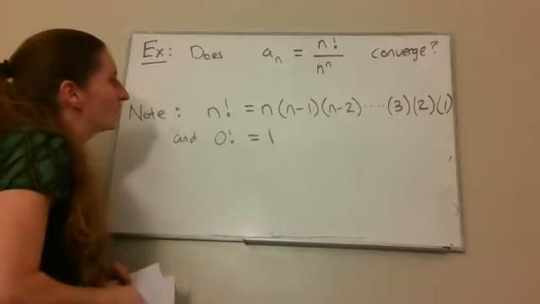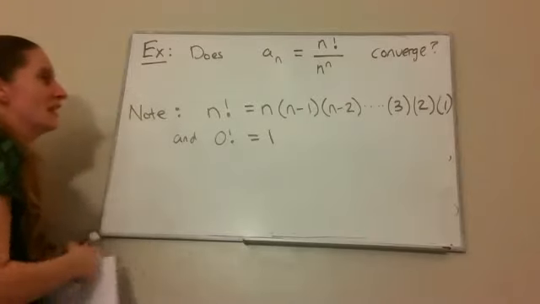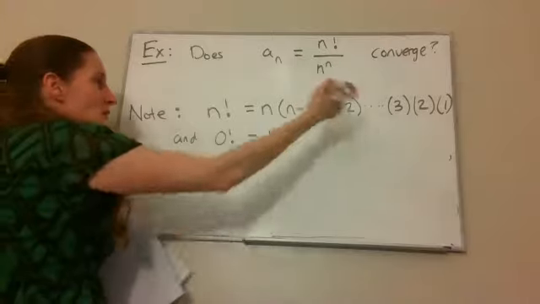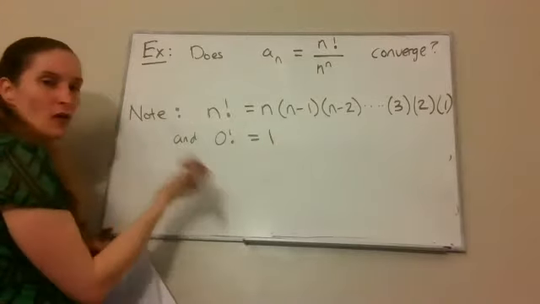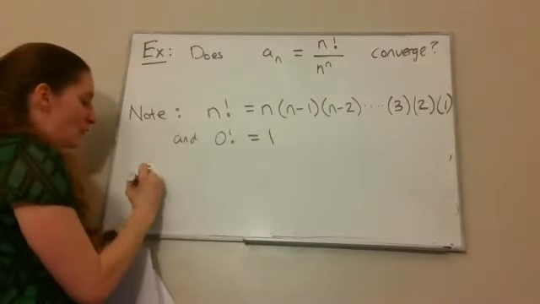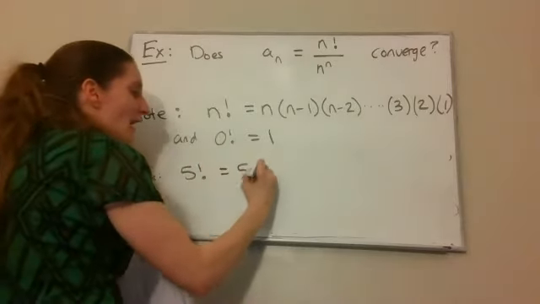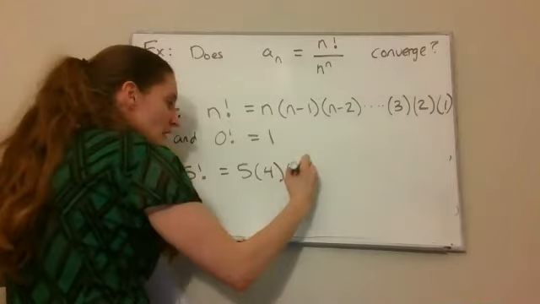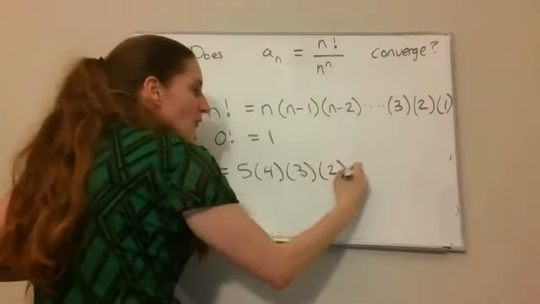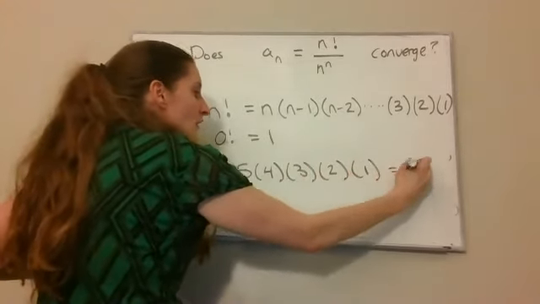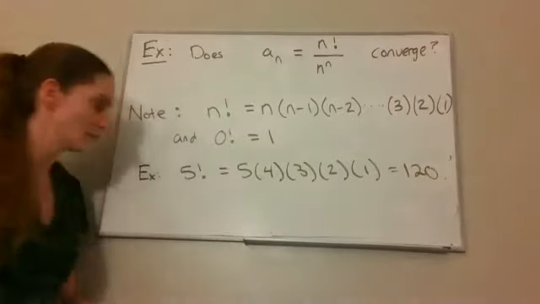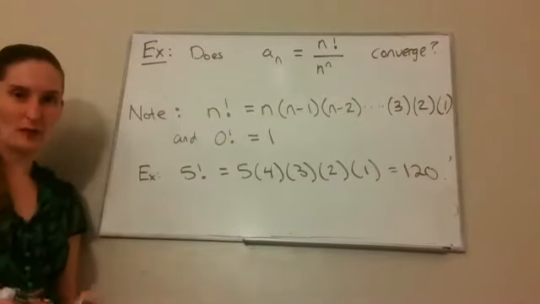So what this is saying is you take the number n and multiply it by 1 smaller all the way down until 1. For example, 5 factorial is 5 times 4 times 3 times 2 times 1, which is 120. So that's all that a factorial means.